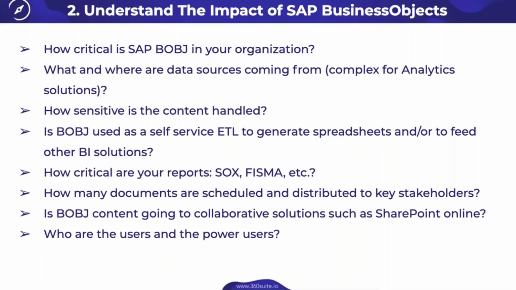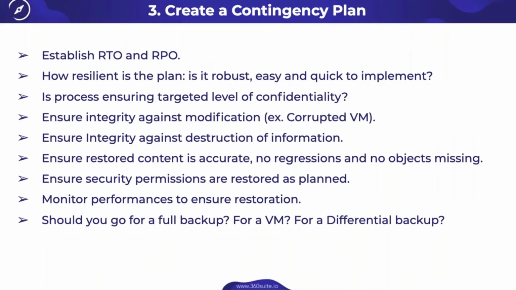So the third step around contingency planning is, of course, that you need to create a contingency plan. As I discussed before, you need to establish an RTO and RPO, based on the organization's requirements. You need to make sure that you've got a very robust plan, because sometimes you might have a plan, but when you want to execute it, things are not working that well.